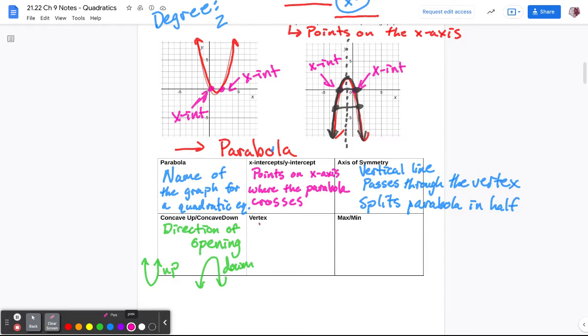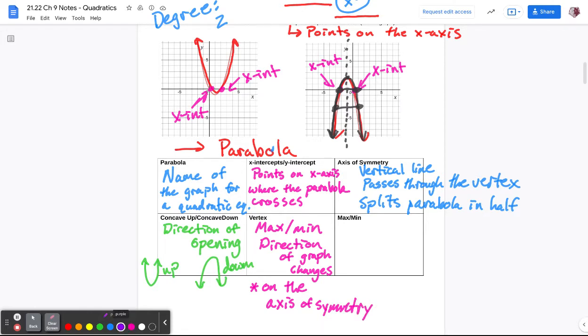Our vertex represents the maximum or the minimum of our quadratic equation. It's where the direction of the graph changes, and it's on the axis of symmetry.